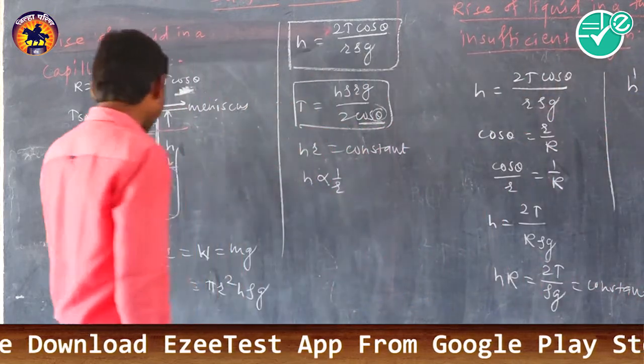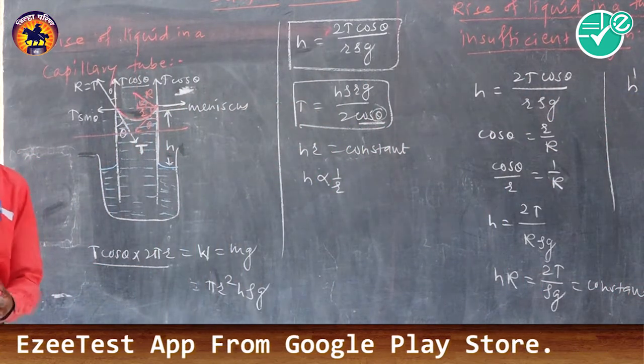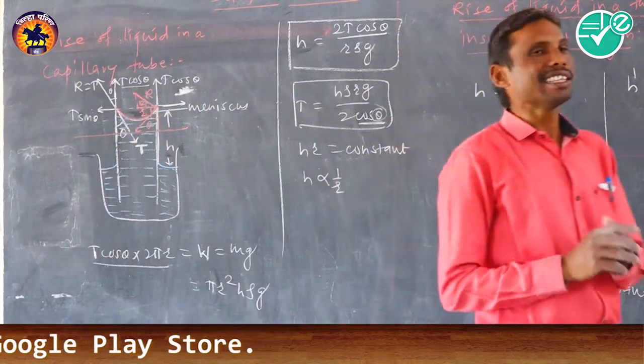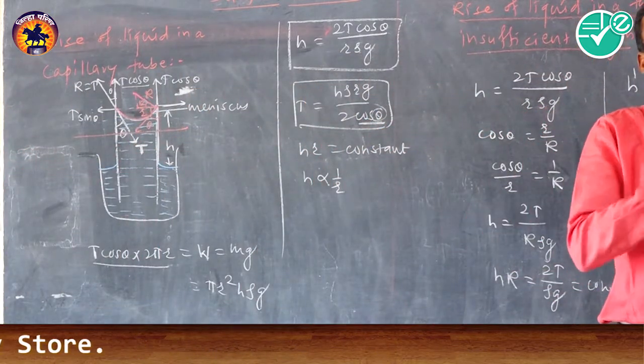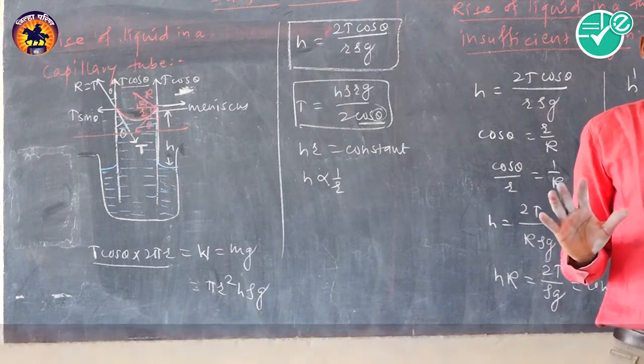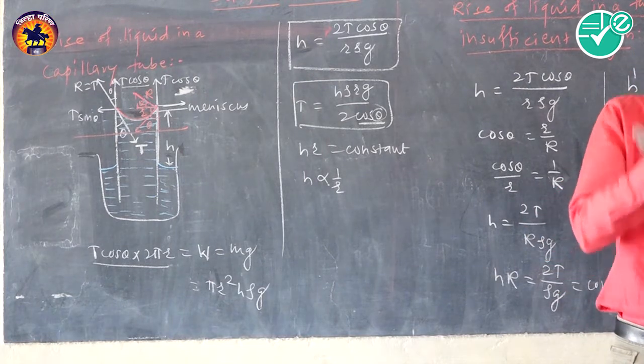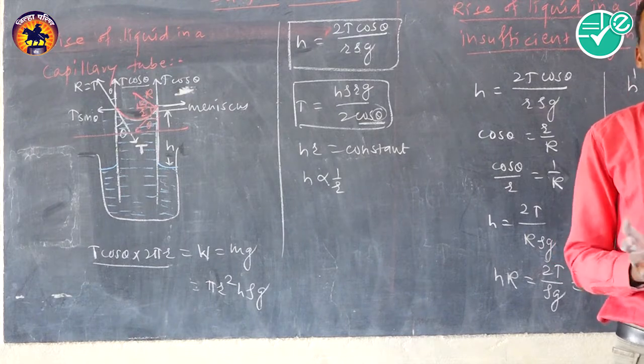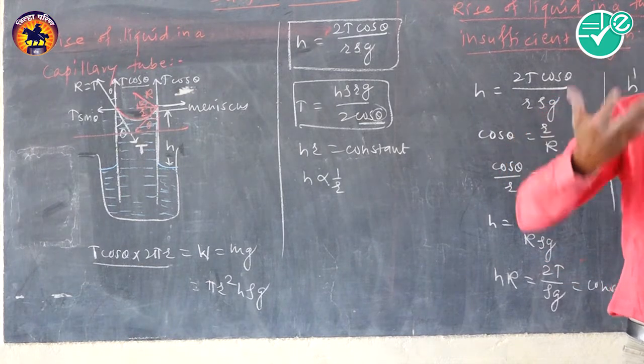It means the glass capillary tube has insufficient length while vertically deep in the liquid. In this case, the liquid does not overflow, but rises up to the topmost of the glass capillary tube, and thereafter the radius of the meniscus is adjusted.